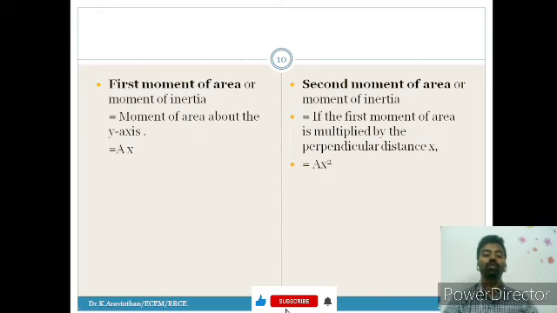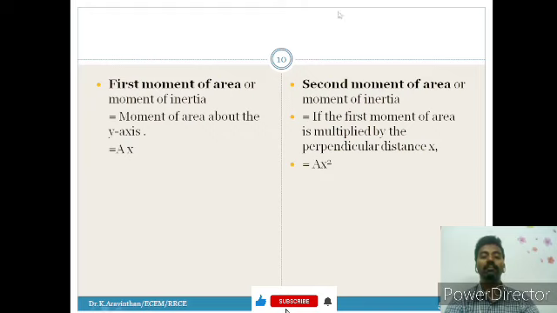Previously you have to identify the difference. In the previous slide you discussed moment of inertia. Here you are discussing moment of area. You have to know the moment of area principle to find the moment of inertia.